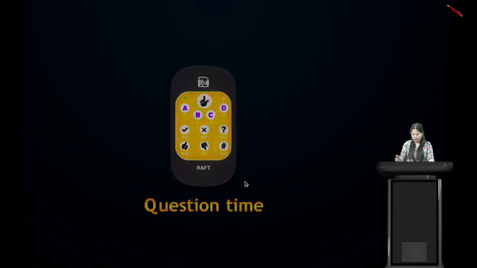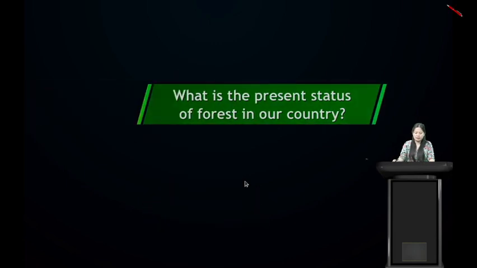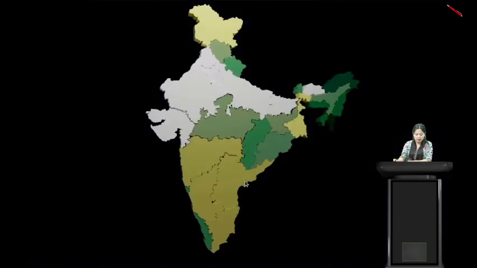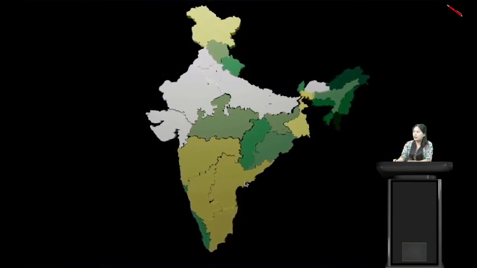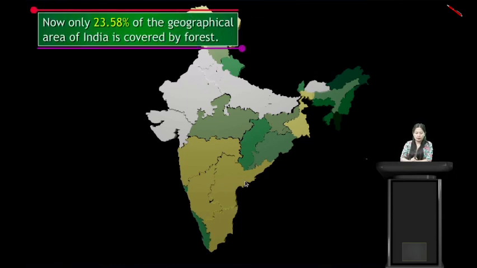Now let us proceed. Okay, so what is the present status of forest in our country, India? So let us see. This is our India map. We have different states. Now in India, only 23.58% of the geographical area of India is covered by forest.